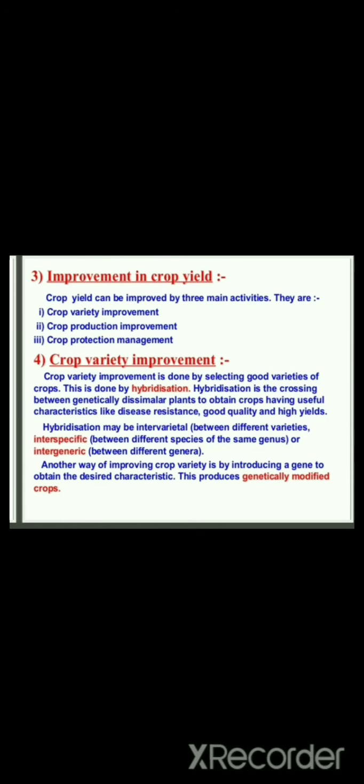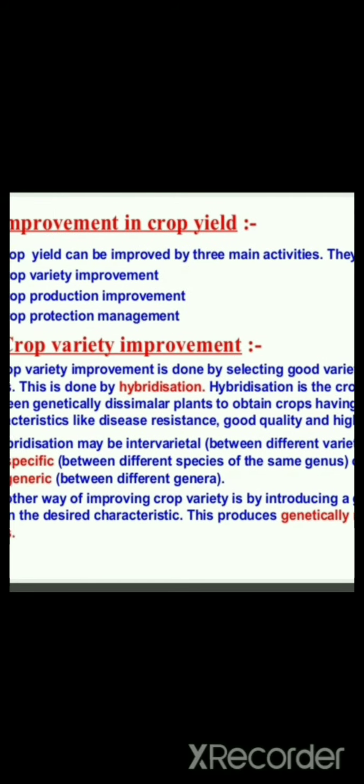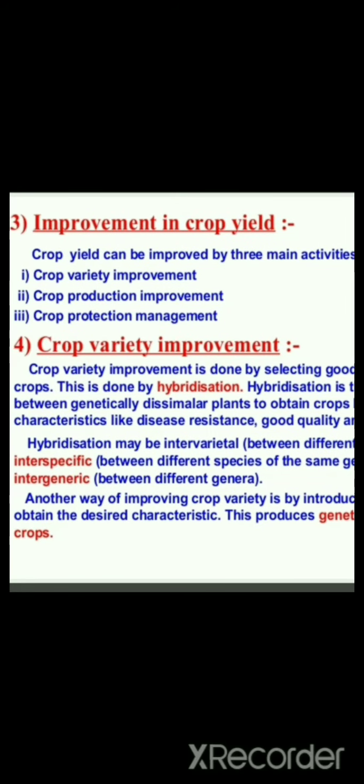Now students, let's see improvement in crop yield. How can we improve our yield? This is done by three main activities: crop variety improvement, crop production improvement, and crop protection management. First, crop variety improvement. This improvement can be done by selecting a good variety of the crops.